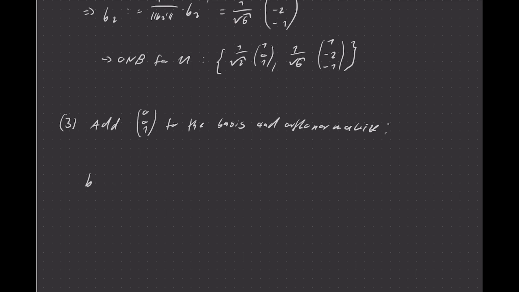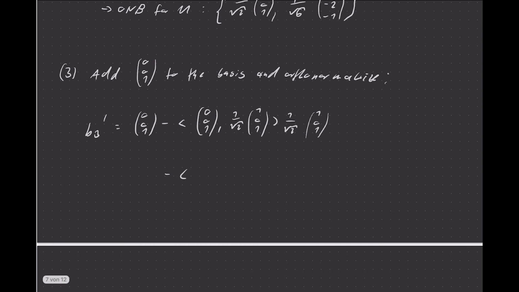So the next step is then b3 prime is this new vector minus the scalar product of this new vector and our vector b1, minus, and now we have to take b2 into account as well, the scalar product of this new vector and our b2.